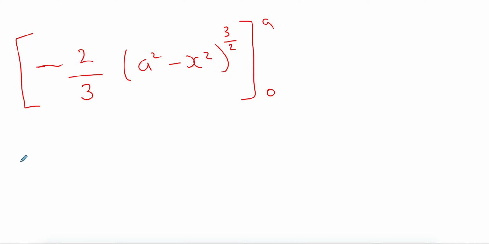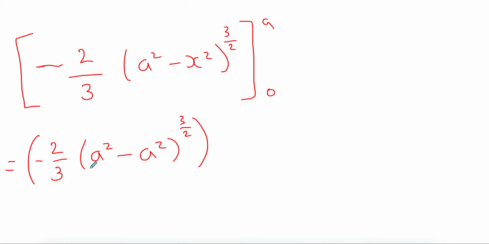So let's evaluate this. I'm going to substitute a in first. So I have negative 2 over 3 times a squared minus a squared to the power of 3 over 2. So this is the first substitution, minus negative 2 over 3 times a squared minus 0 squared to the power of 3 over 2.